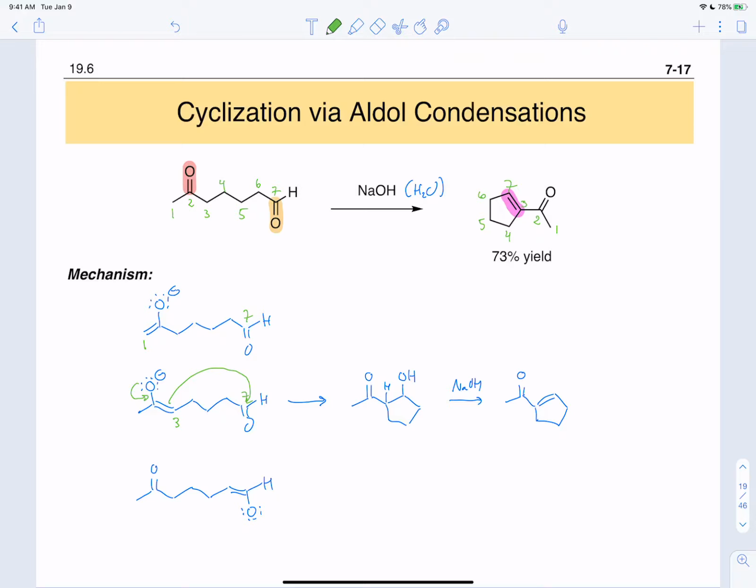In order to make this, though, this would lead to a very large or medium-sized 7-membered ring, where we'd end up with this ketone, and this would be the alcohol. And this would potentially, hypothetically, further eliminate to give a cycloheptene.